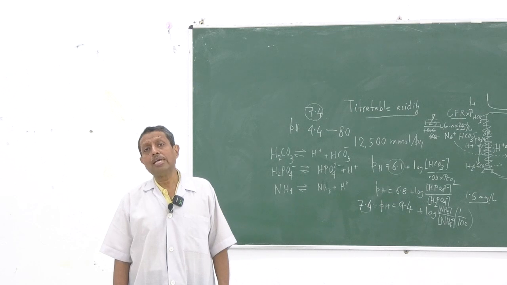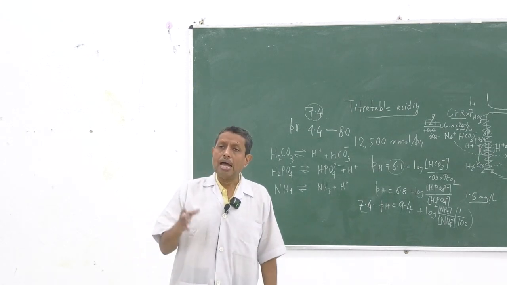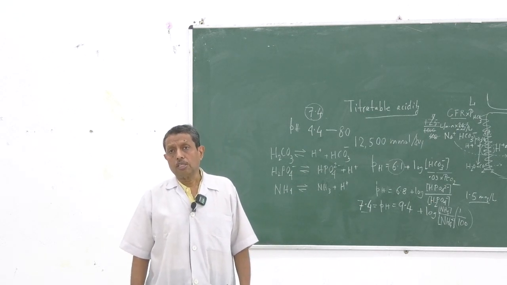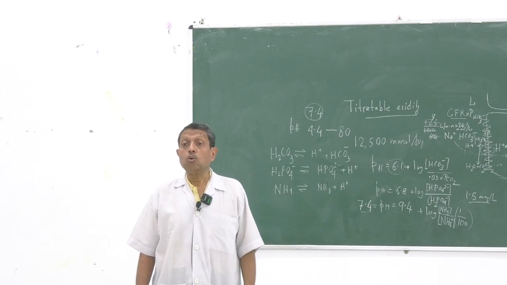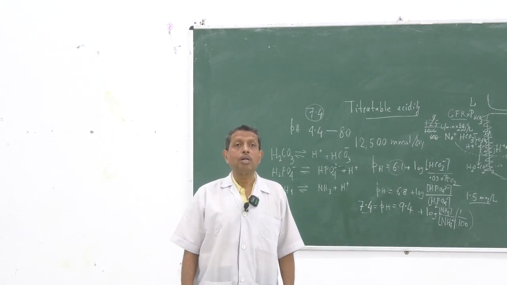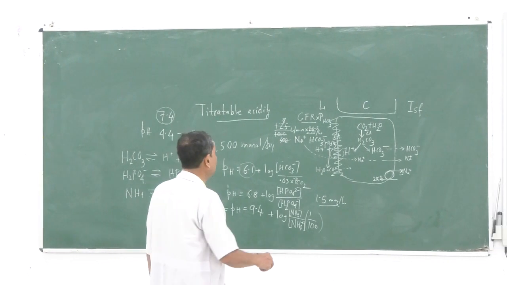And how is ammonia derived? It is present in the proximal tubule and also the distal tubule or distal nephron. And it is coming from glutamine. There is a glutaminase enzyme.